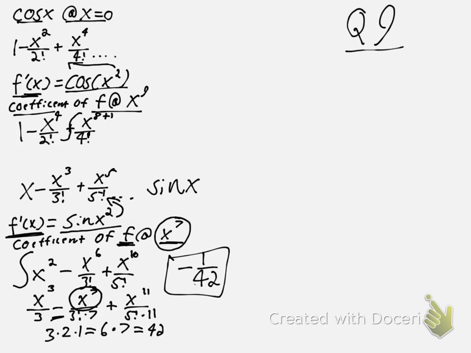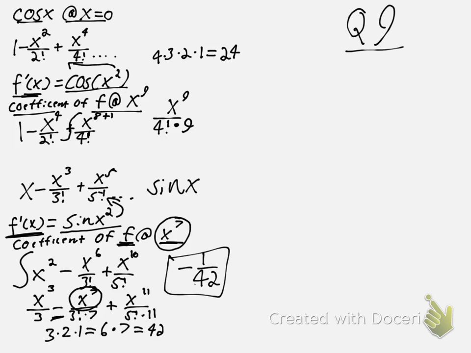So when we take the integral of that, we're going to get x to the 9th over 4 factorial times 9. And so 4 factorial is just 4 times 3 times 2 times 1, which is equal to 24.